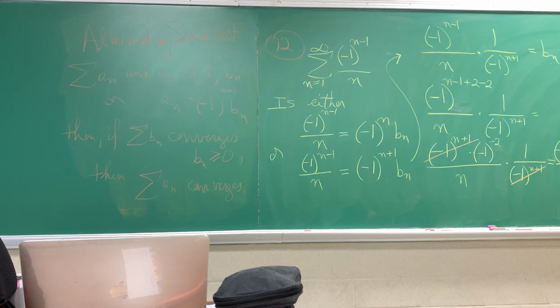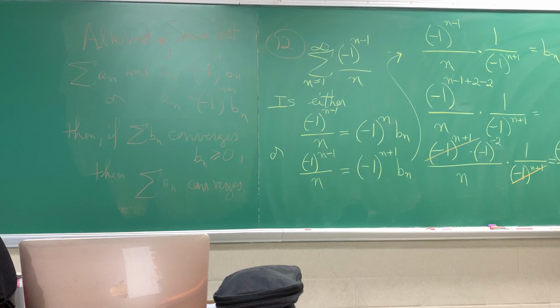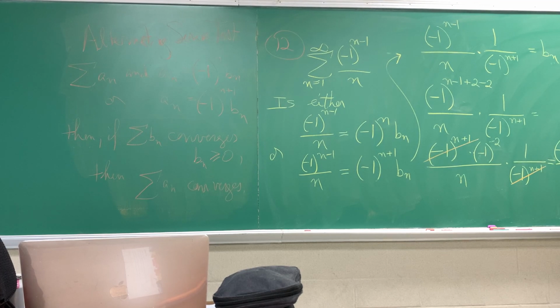And let's see what it says, what needs to happen. So we needed two things. We need the limit as n goes to infinity of the b sub n's to be 0, and we need the sequence b sub n to be decreasing.